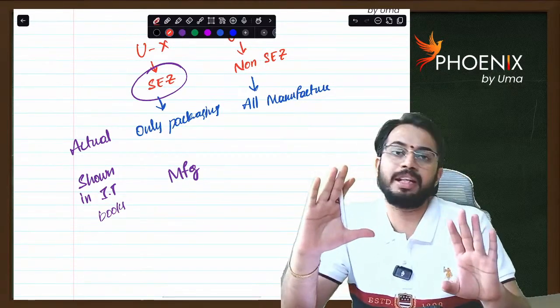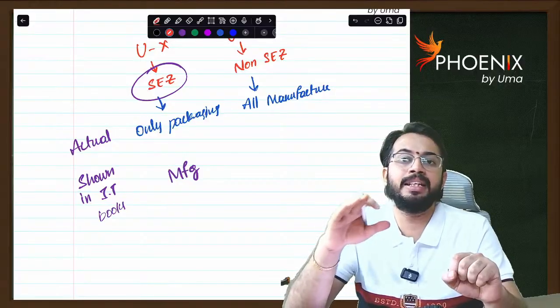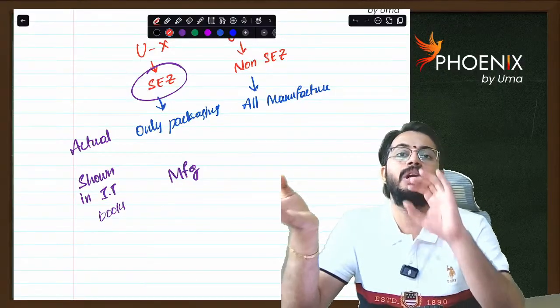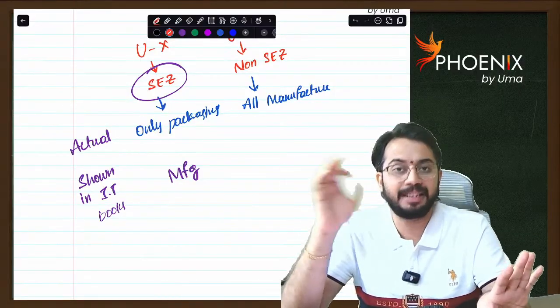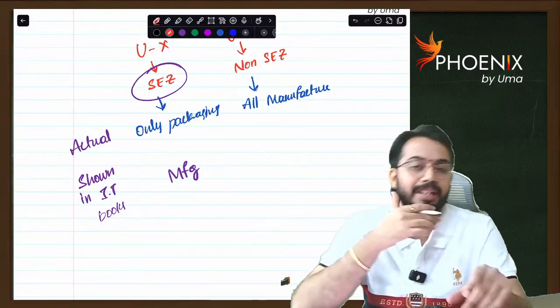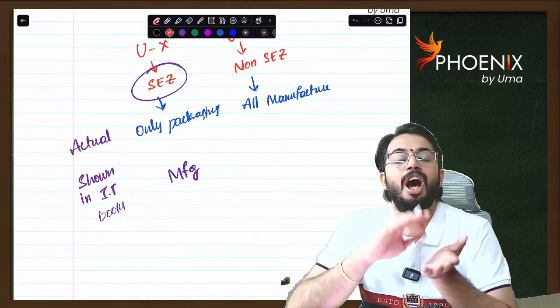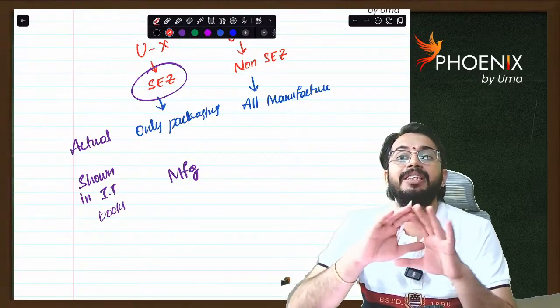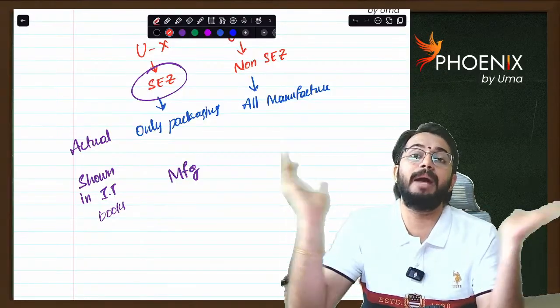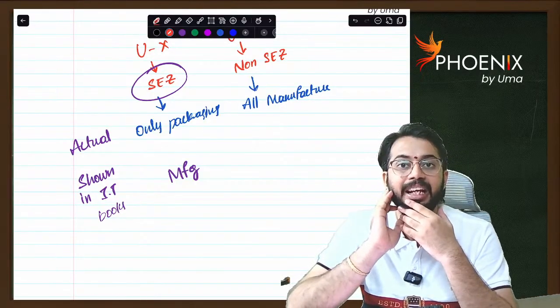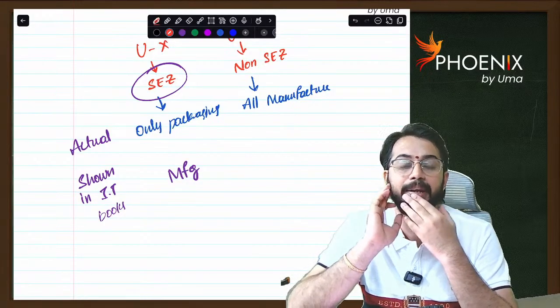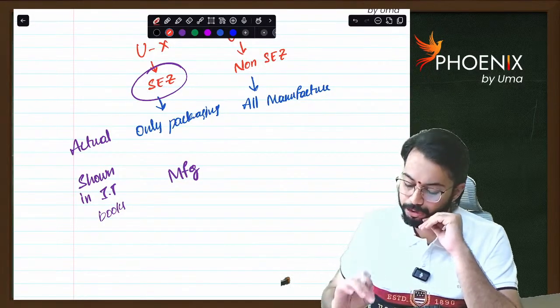See, actually what is happening? Entire manufacturing is happening in the non-SEZ area. Only packaging is happening in SEZ and it is exported from SEZ. That is the actual thing. But it is misrepresented. How is it misrepresented? It was misrepresented that entire manufacturing is happening in SEZ area so that extra deduction can be claimed. That's what, no?